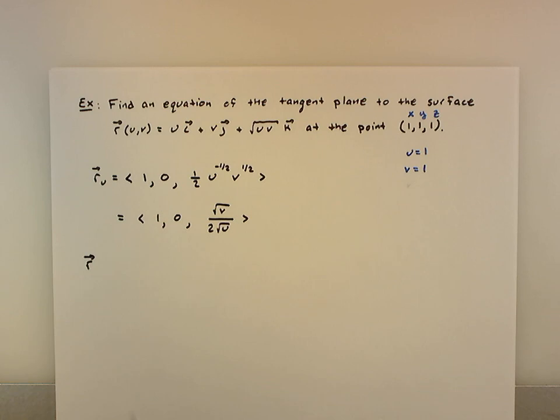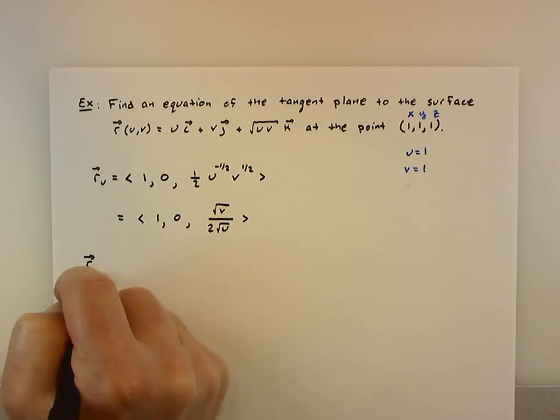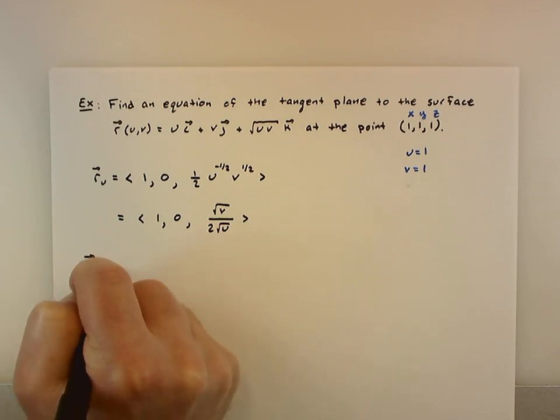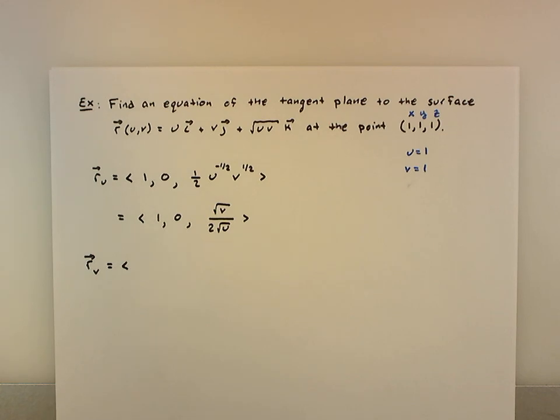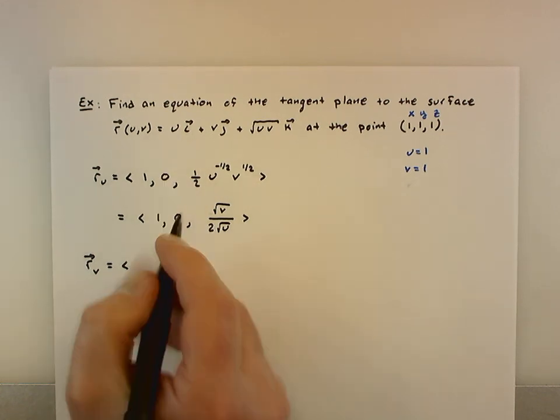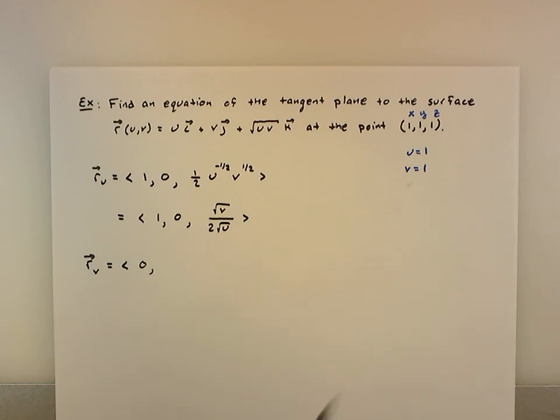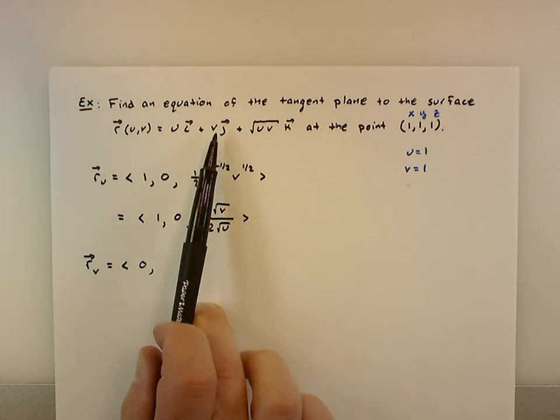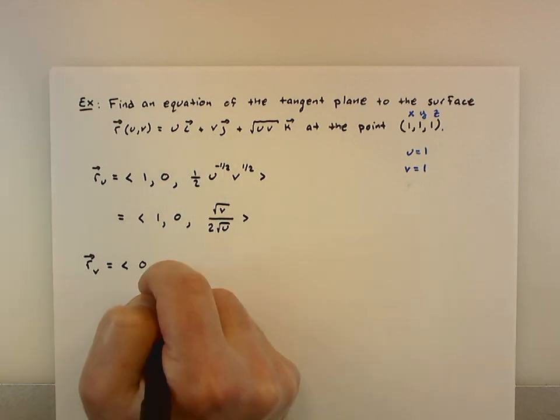The partial derivative of r with respect to v is equal to, if I take the derivative of the first component with respect to v, that's 0. If I take the derivative of the second component with respect to v, that's 1.